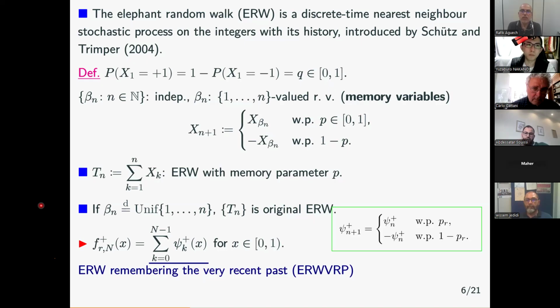Yes, but even in that case, we get an inhomogeneous Markovian, because in many cases, the elephant random walk is considered as non-Markovian. But it's really easy to show that it's Markovian, but inhomogeneous. In the multi-dimensional case, yes, it's not Markovian. But in the one-dimensional case, it's Markovian.